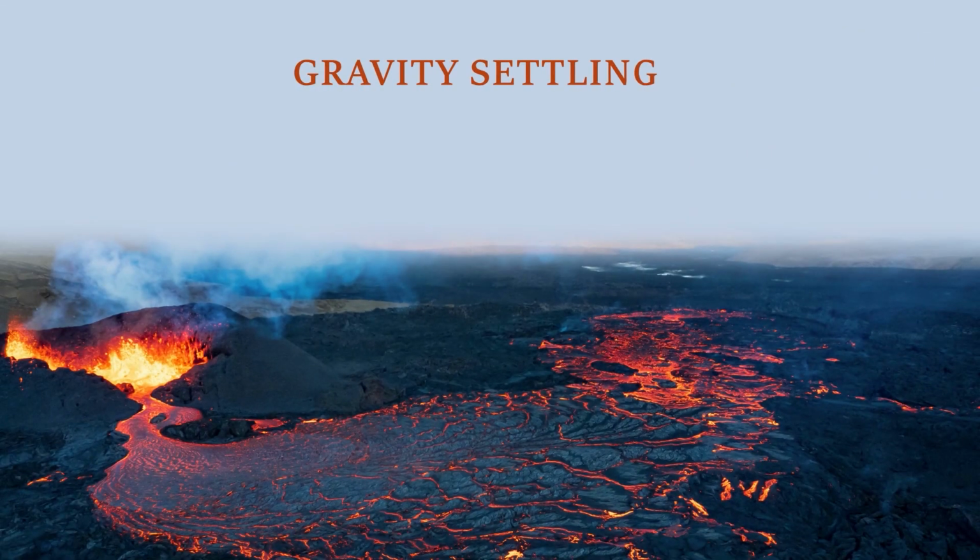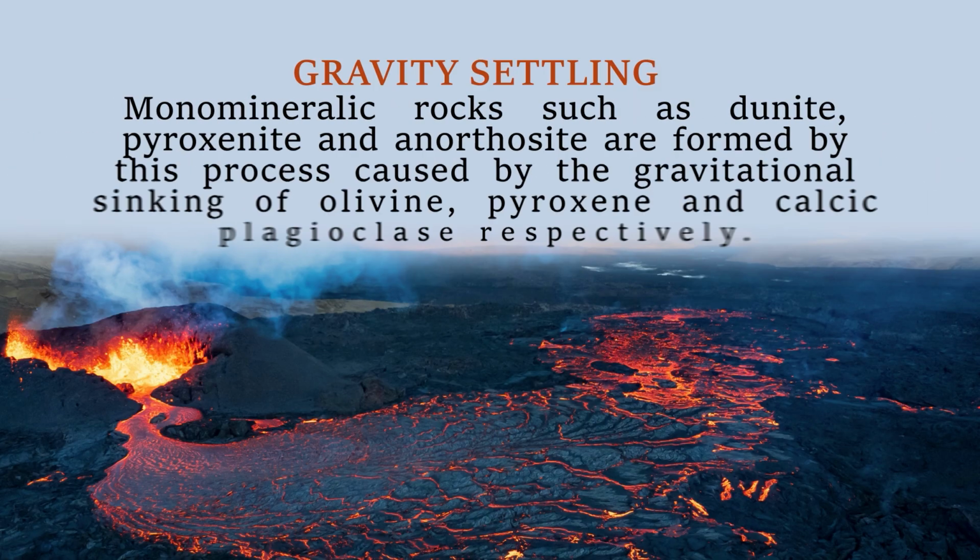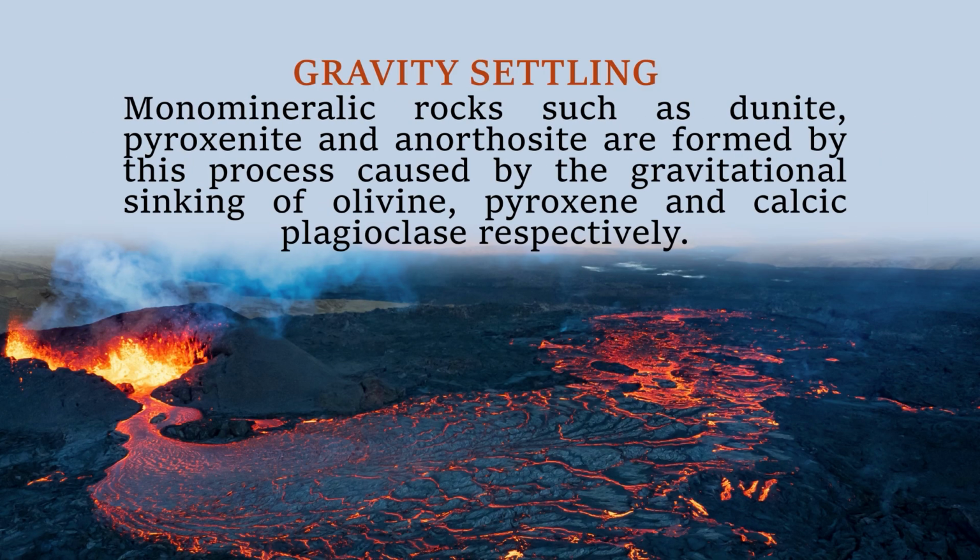Gravity settling. In crystal fractionation, gravity settling is an important phenomenon which involves the sinking and floating or suspension of early formed crystals within the magma. Monomineralic rocks like dunite, pyroxenite, anorthosite are formed by this process, which causes gravitational sinking, and monomineralic rocks are formed.